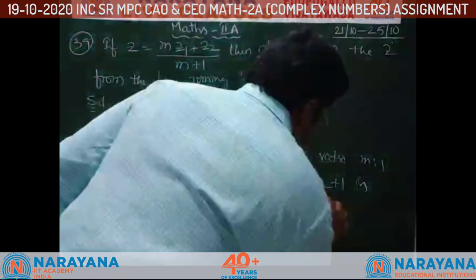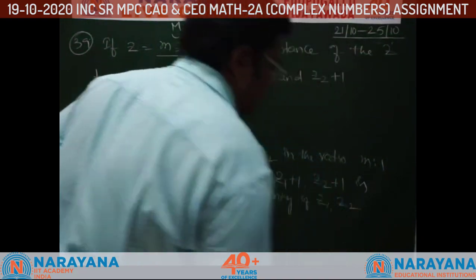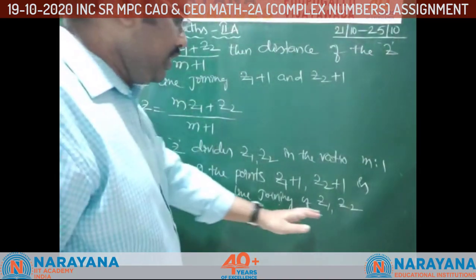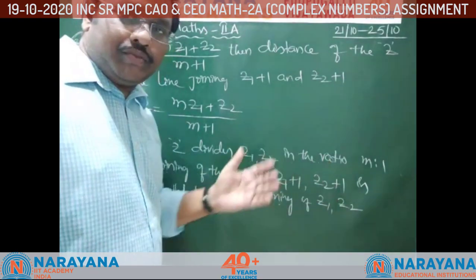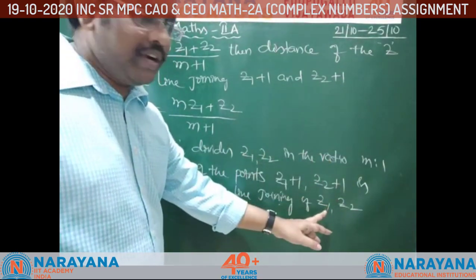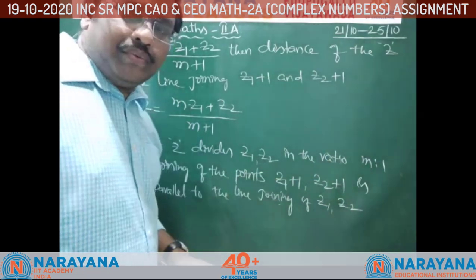So the line joining of the points z1 plus 1 and z2 plus 1 is parallel to the line joining of the points z1, z2.